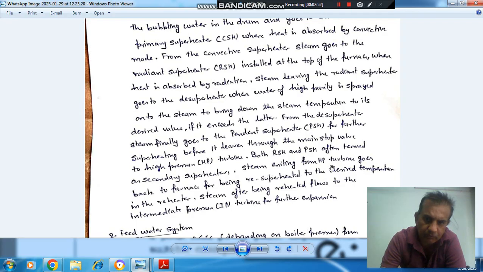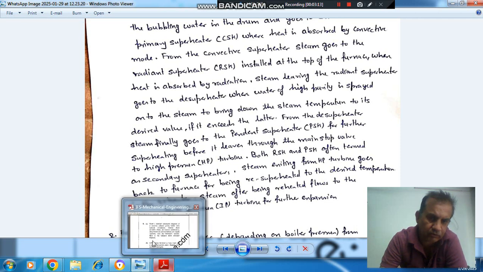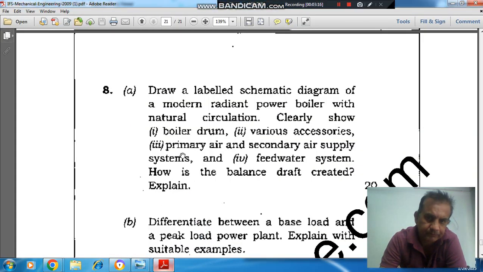Steam exiting from the high pressure turbine goes back to the furnace to be reheated to the desired temperature in the reheater. Steam after being reheated flows to the intermediate pressure turbine for further expansion. This is what I have explained. Okay, now proceeding to the next part. We have carried out the boiler drum and boiler accessories.